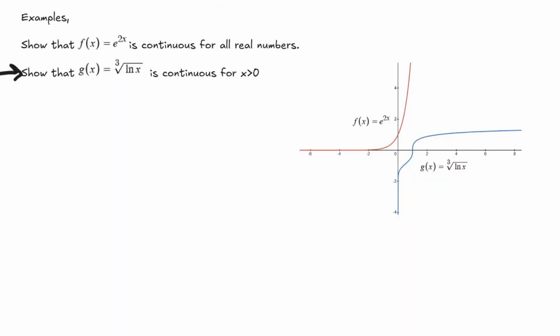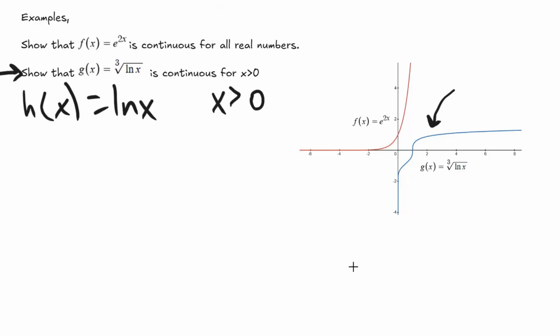Now we want to tackle this one. We want to show that g of x equals the cube root of natural log x is continuous for x greater than 0. So the graph here in blue suggests that it's continuous for x greater than 0, but we need to analyze it. So if we let h of x equal natural log x, that's the basic natural log function. We know that is continuous on its domain, which is x greater than 0. That's one of the theorems we just went over.